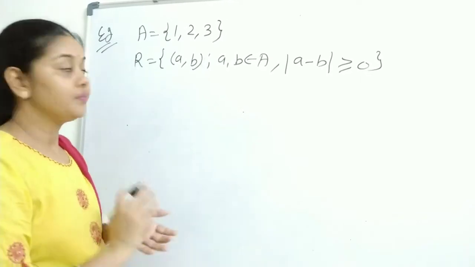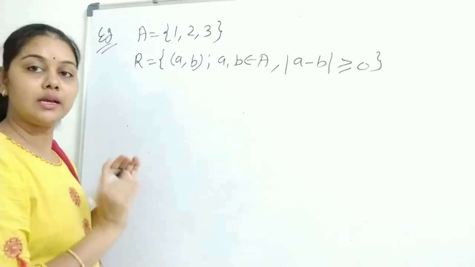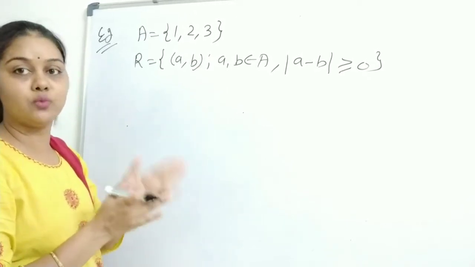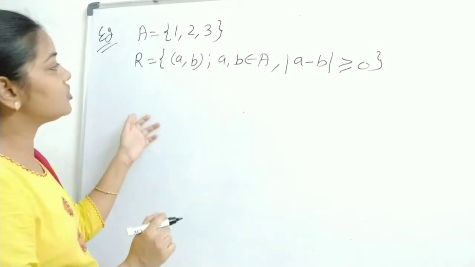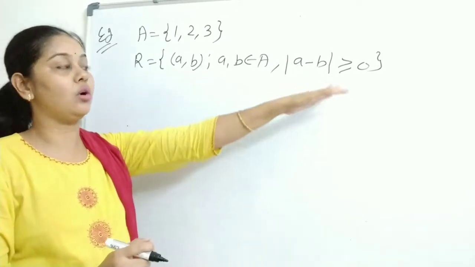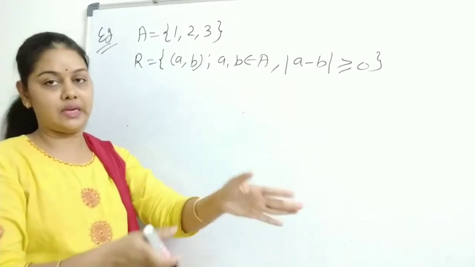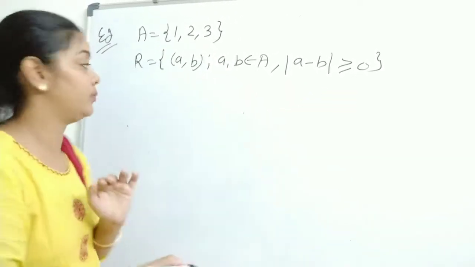In this question, I am given a set A having elements 1, 2 and 3. The relation is given such that the mod of the difference of a and b is greater than or equal to 0.